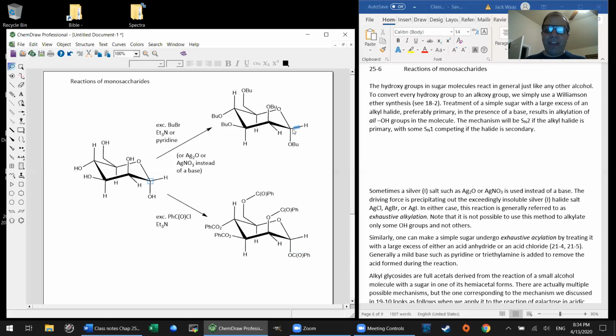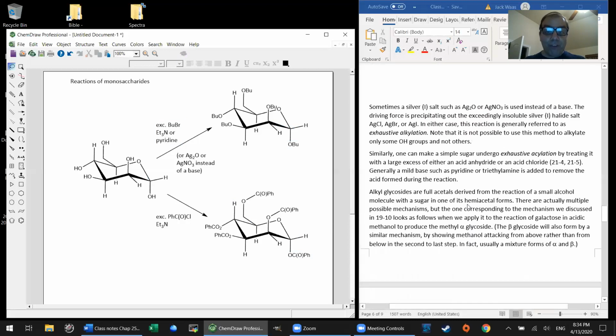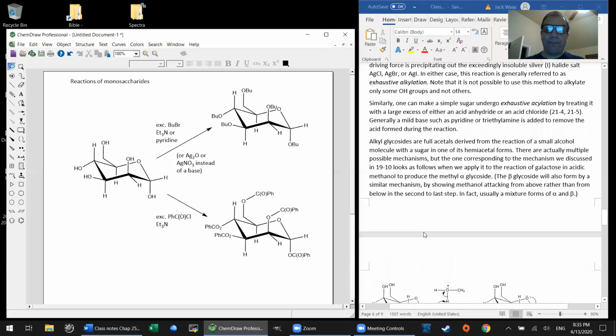Because this anomeric carbon is going to have some chance to open up and go back to the aldehyde in principle before it can react with either the alkyl halide or the acyl halide or anhydride. So those are certainly possible reactions. I should mention I'm not aware of a good way of either alkylating or acylating only certain OH groups. I think OWL is crazy, and they might think that you can, but I don't believe it. I'm not aware of any way to do that successfully.